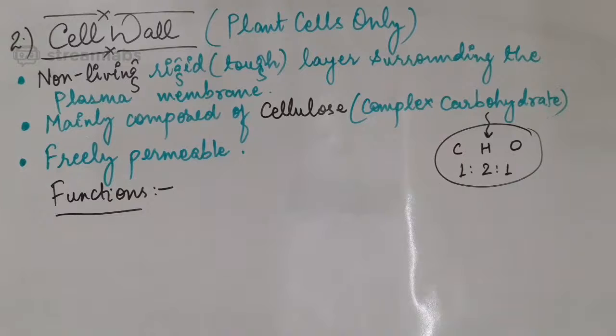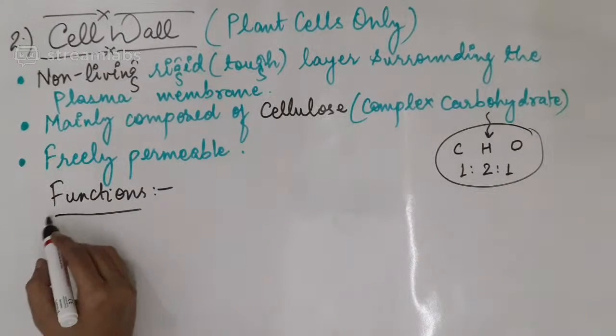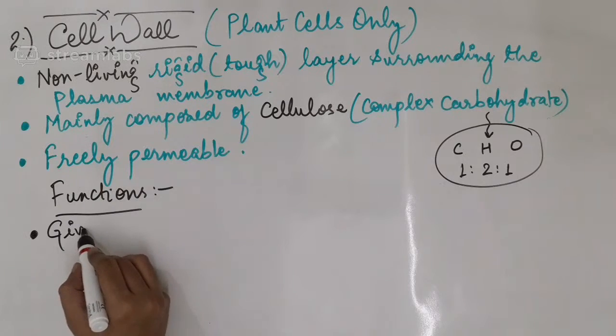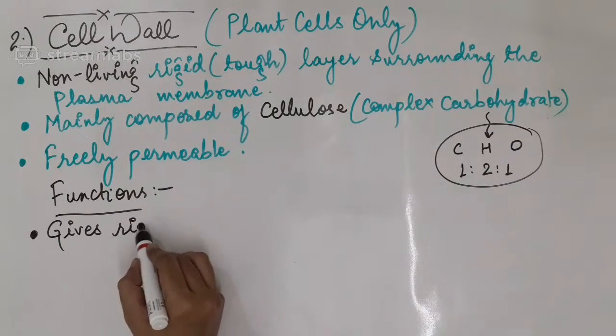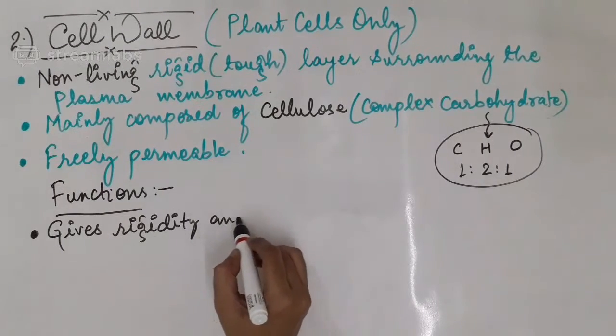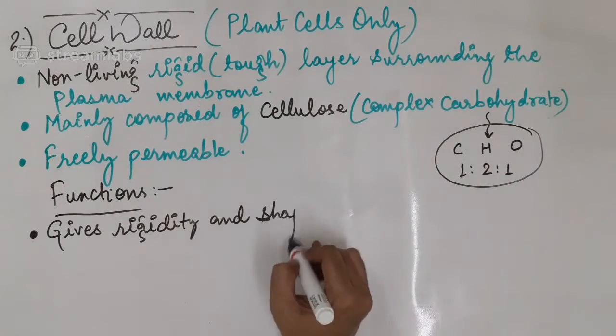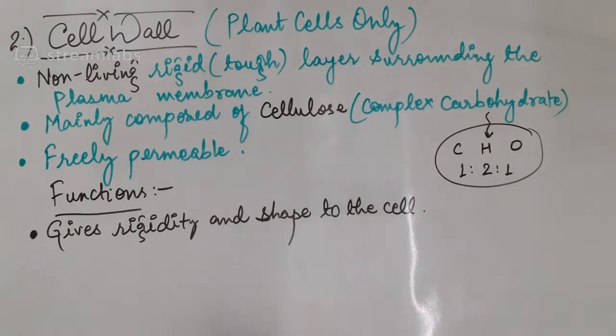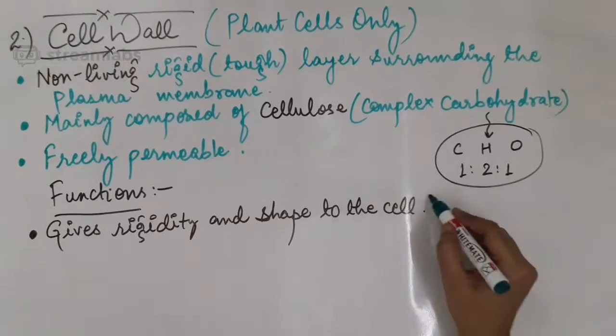The cell wall gives rigidity and shape to the cell. Rigid means toughness, and the cell here means the plant cell.